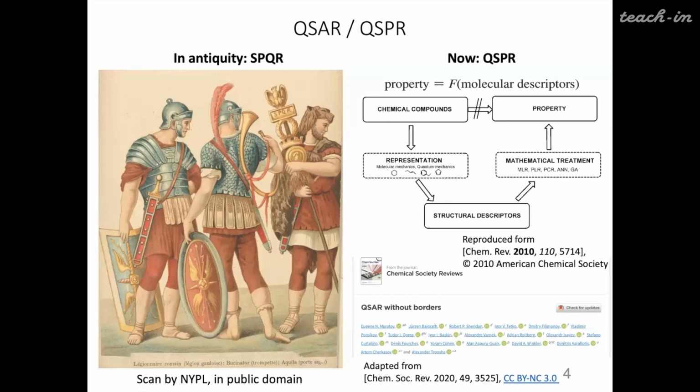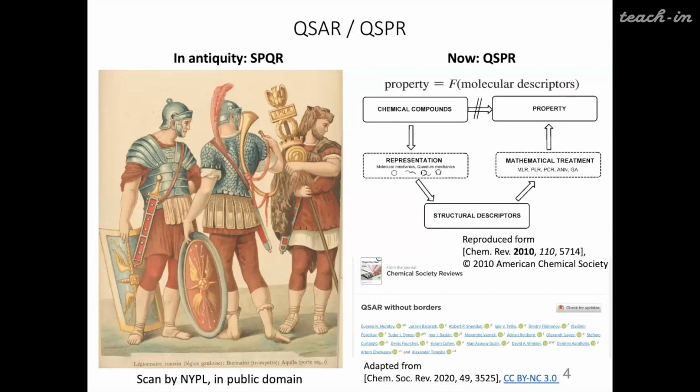So next, researchers build machine learning models. These can be linear regressions, artificial neural networks, decision trees, whatever, to predict the property of interest based on these structural descriptors.